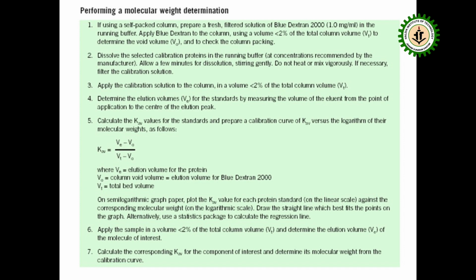On semi-logarithmic graph paper, plot the KAV or KD value for each protein standard on the linear scale against the corresponding molecular weight on the logarithmic scale.